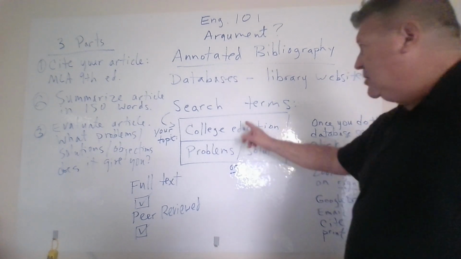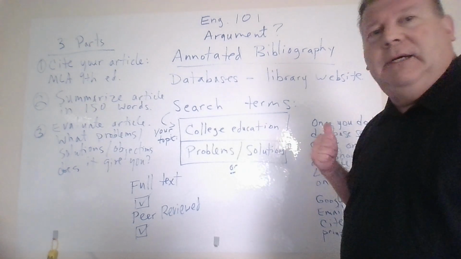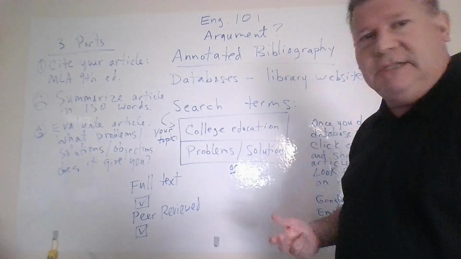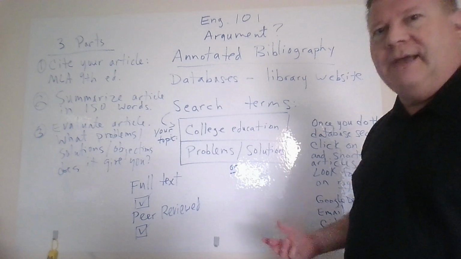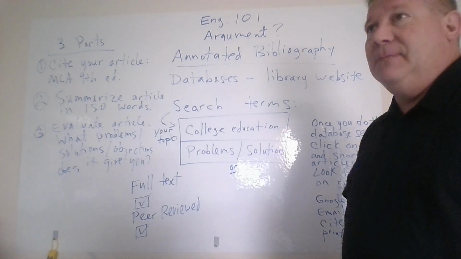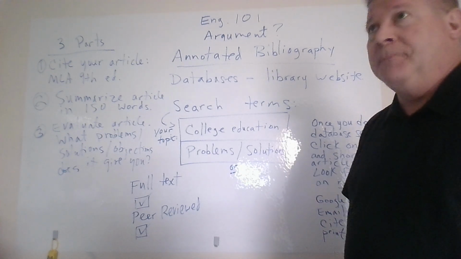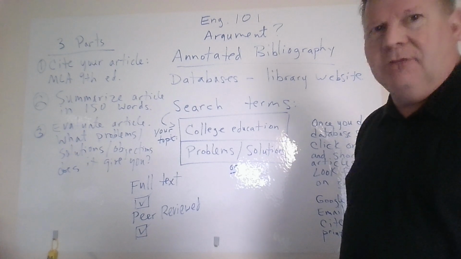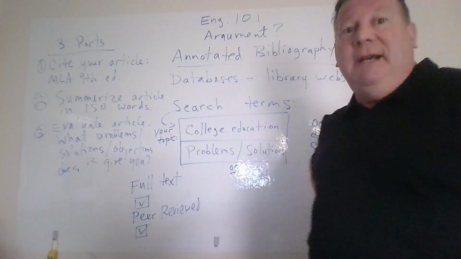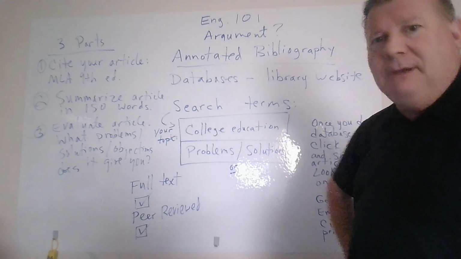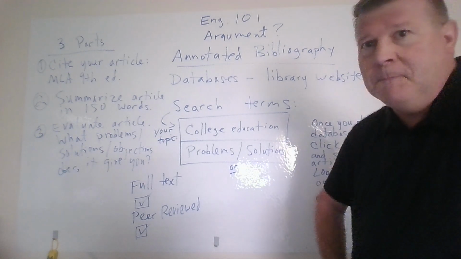If you want to do something more specific like Latinos in college problems, you can try that. You might have to put Latinos higher education problems and then go from there. And you may find a variety of different problems, so don't be put off by that, okay?